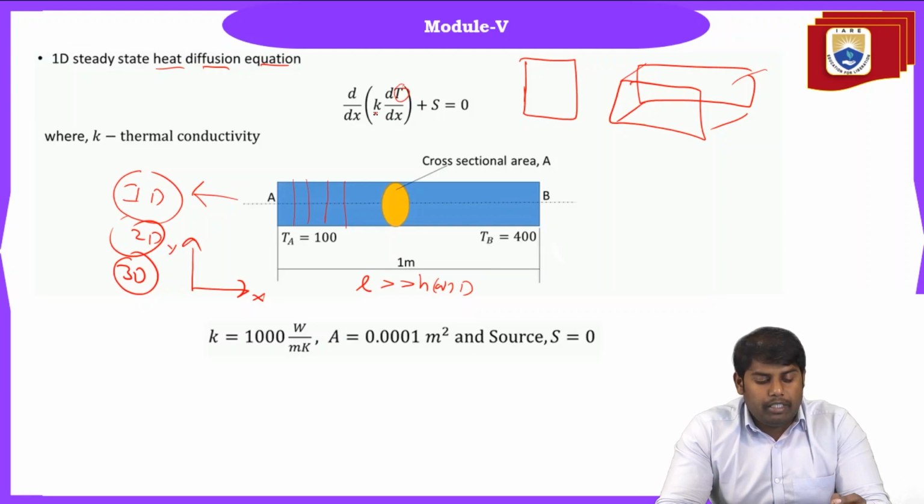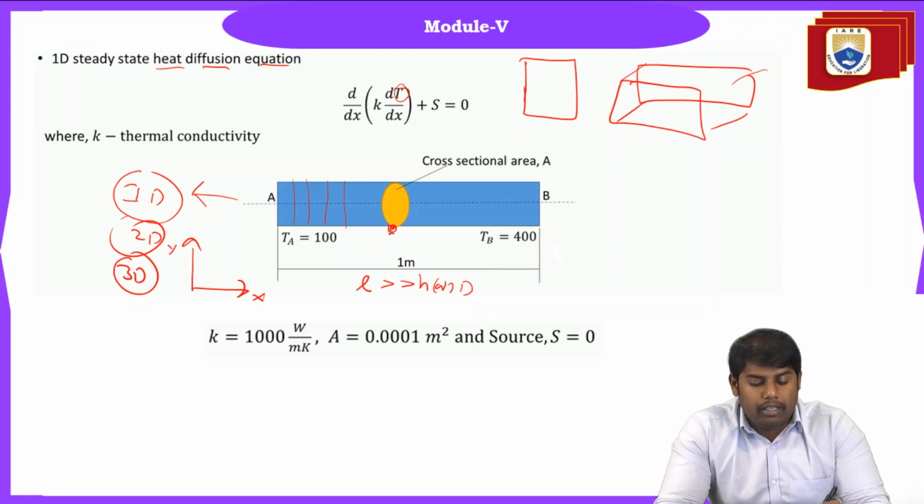So K is nothing but the thermal conductivity. A is nothing but the cross-sectional area. We don't have any source term. Source term in the sense the heat emitting or the flow emitting entity. When you have some temperature which is evolving from this point with a certain value, we say that it is called the heat source or the source term. Fine. So this is the terminology.